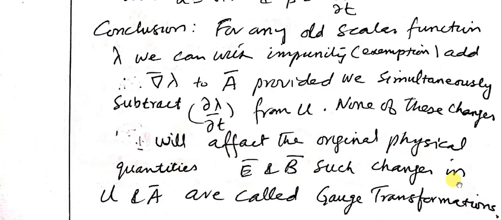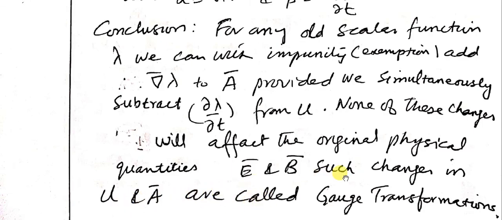Such changes in U and A are called gauge transformations. So remember that gauge transformation is a process or phenomenon in which whenever we add any field function to the magnetic vector potential A, which is a vector field but the gradient of some scalar, simultaneously we subtract the partial derivative of the same scalar field, so that it will not affect the main fields.